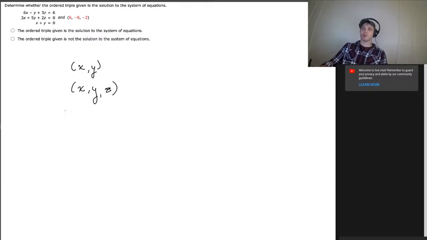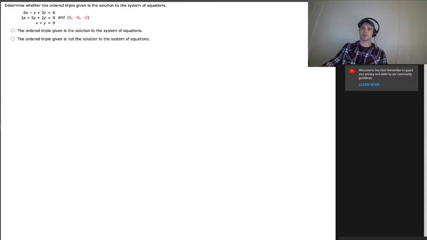So when we started learning about systems of equations in algebra, we knew that the intersection of 2 lines was a point, and that's expressed by an ordered pair. But in 3-dimensional space, the intersection of 3 lines is also a point. It's just expressed with 3 coordinates.